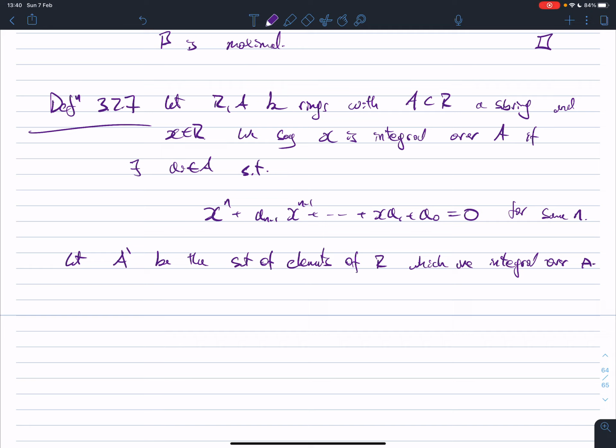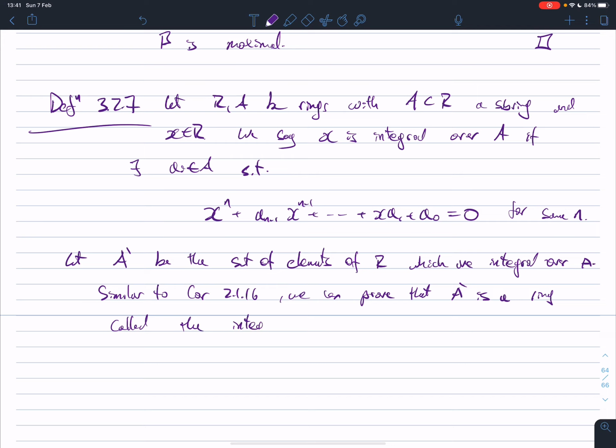Similar to corollary 2.1.16, we can prove that A' is a ring called the integral closure of A in R.